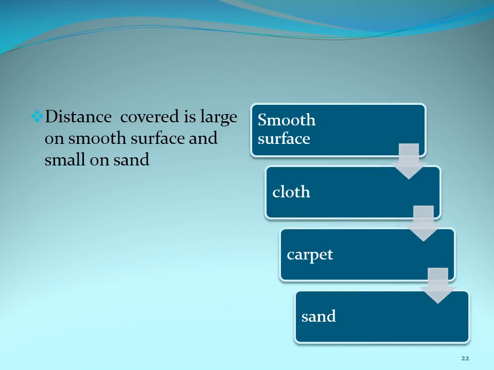It is very small on sand. That is, the distance covered is larger for smooth surface, a bit smaller for cloth. Compared to the cloth, the distance covered is much smaller on carpet, and the distance covered is very small on sand.